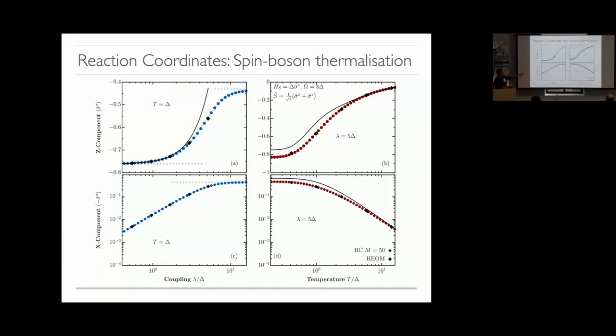That's the reason it works at strongish coupling, but not at strong coupling. So it's very powerful. You can obtain both the sigma z component and the x component accurately. And at strong coupling, it also works very well for any given value of the temperature.